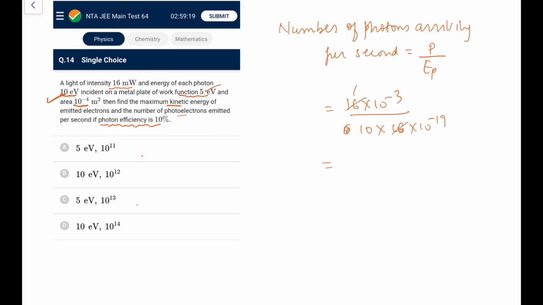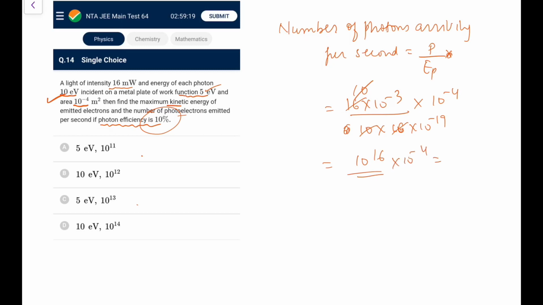So it is 10 to the power 16. So if 10 to the power 16 photons per second are arriving and photon efficiency is 10%, okay, I have made a mistake. Power is intensity into area. This is intensity, so I need to multiply by area also. That's why options were missing.